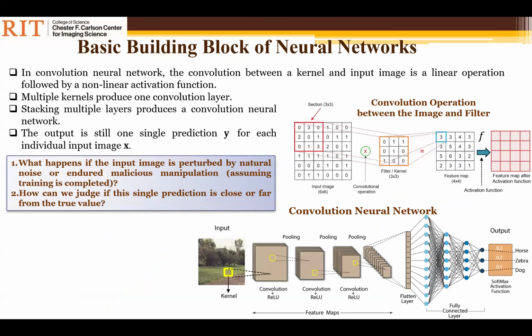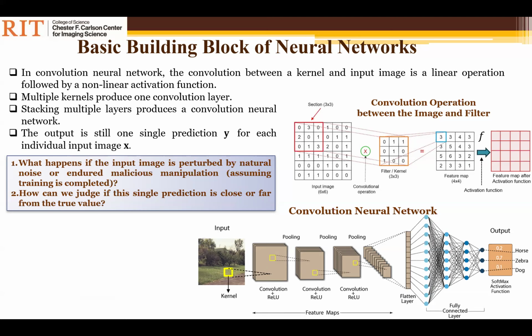Since I'm going to be focusing more on imaging science applications, we usually use convolutional neural networks, where again the basic building blocks are the convolution layers, where we apply kernels that perform the convolution operation, which is also a linear operation, followed by a nonlinear function.